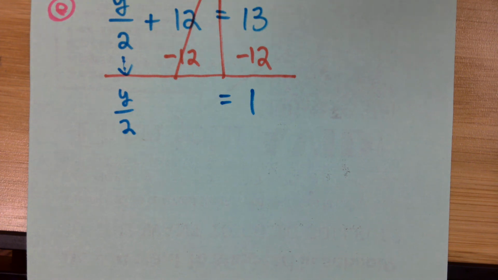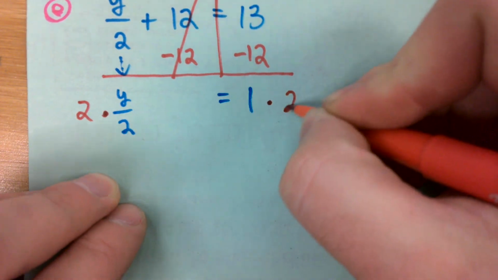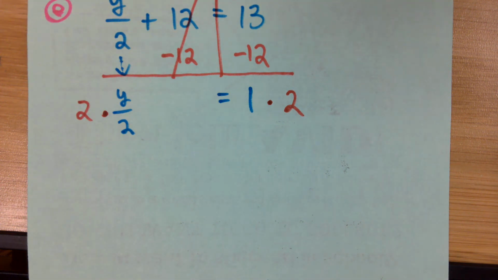Now this one's not going to be as confusing as what we did in example C. Because what's the inverse of dividing by 2? Multiplying by 2, right? So if we multiply both sides by 2, we should get y all by itself, in theory.